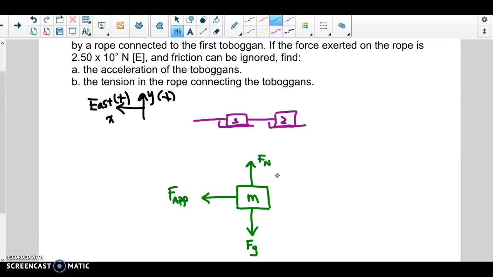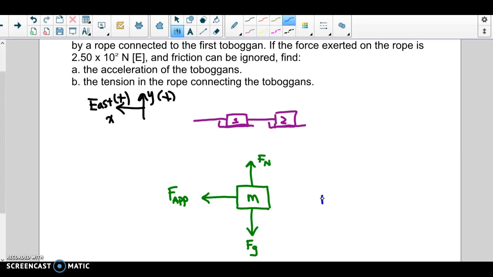If I wanted to, I could, but I don't really have to. I just know that the magnitude of the normal force is equal to the magnitude of the force of gravity, so that there's no net force vertically and no acceleration vertically.